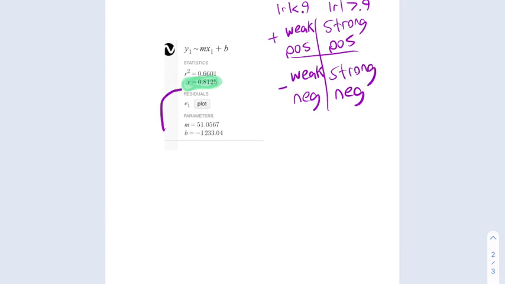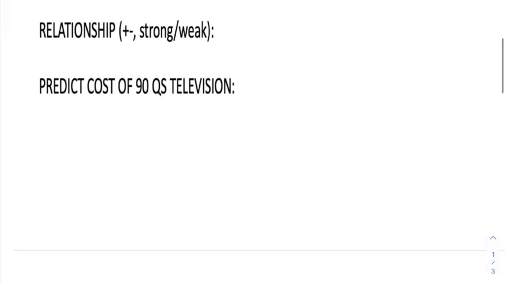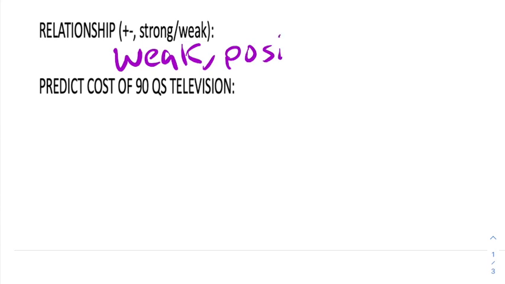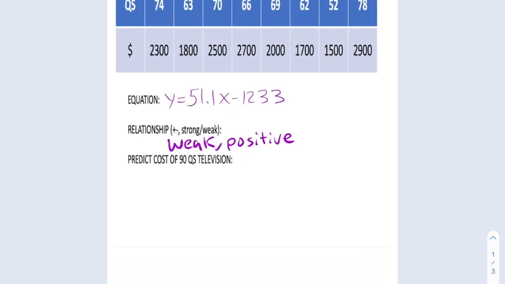Because this problem had an R that was positive but smaller than 0.9, that means that we have a weak positive relationship. So I'm going to move that up here and say that this is a weak positive relationship.